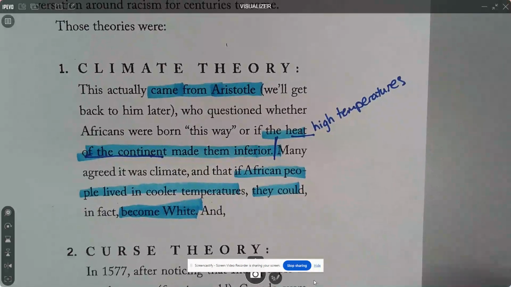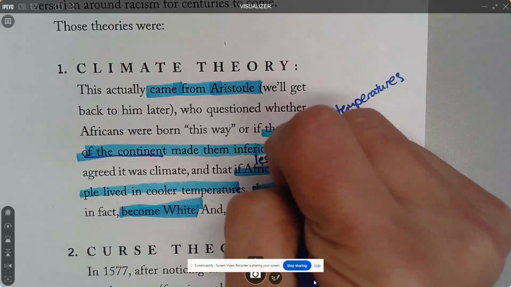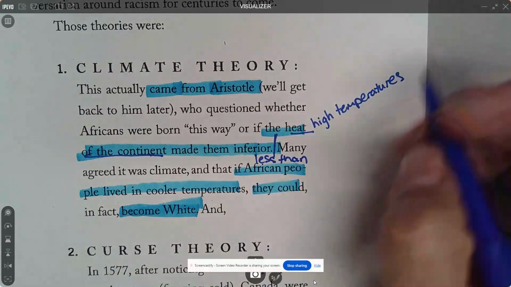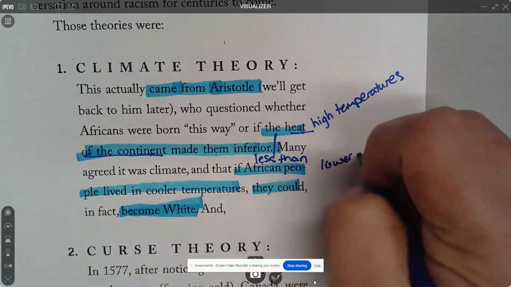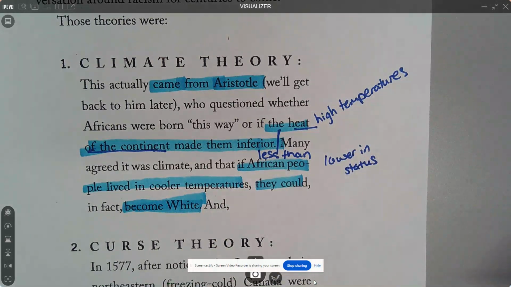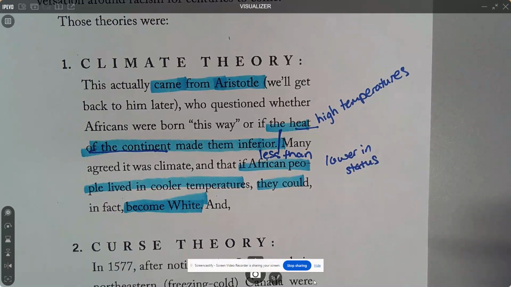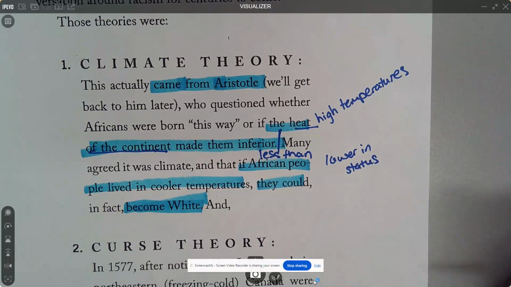So I'm just going to preload my brain with some alternative language. Inferior. I'm kind of stuck on that word inferior. So I want to come up with some other ways to say inferior, like less than or lower in status. Again, I'm just preloading my brain with some ideas about how I can rephrase some of this.